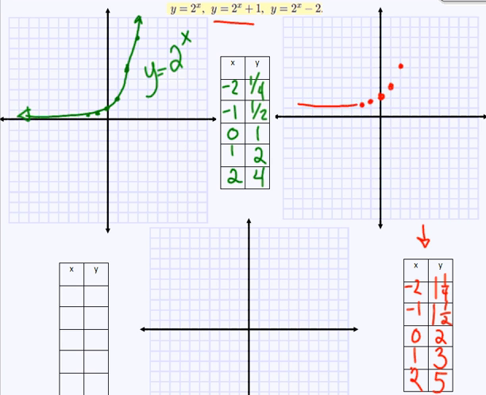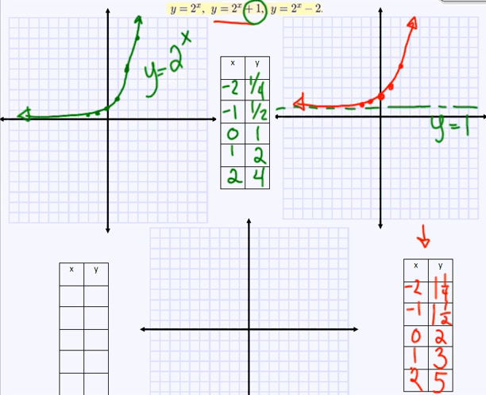Okay, now our horizontal asymptote is at y equals 1. Do you see the pattern? So of course, the plus 1 has moved our graph up 1, just like you would expect, just the same as what we were looking at last unit.